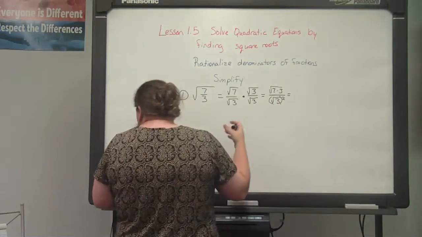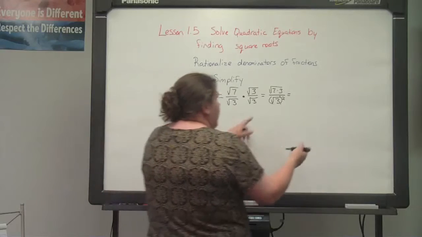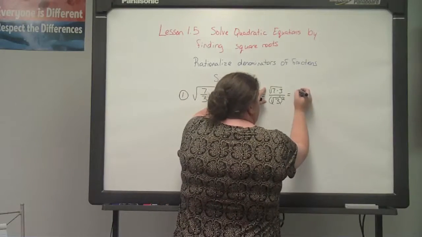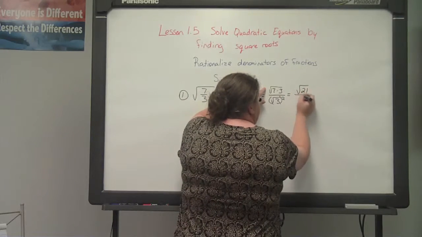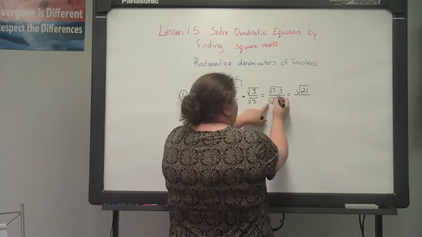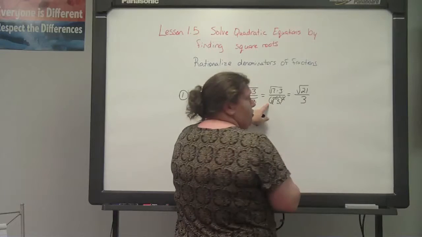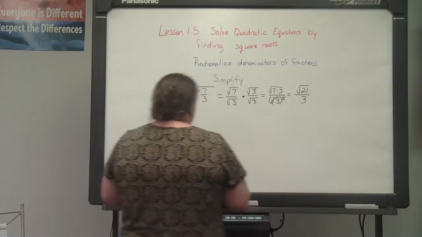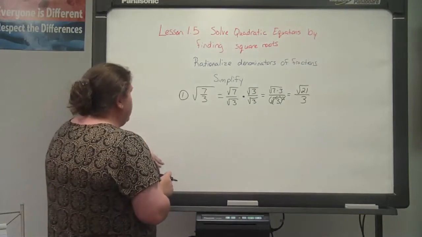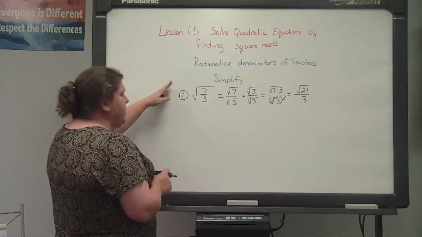So again, we can rewrite that, and we know 7 times 3 is the square root of 21, and then square root cancels out square, so 3 is your new denominator. So we have just simplified example 1.